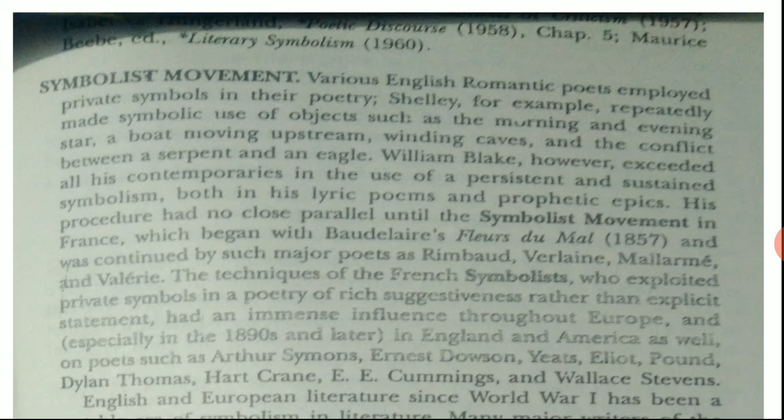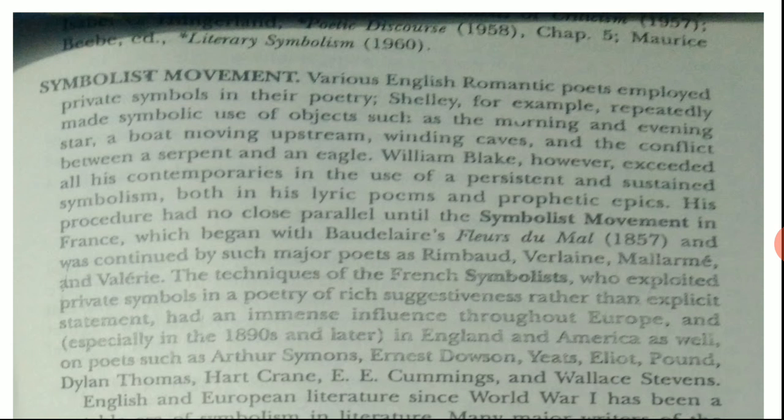Various English romantic poets employed private symbols in their poetry. Shelley, for example, repeatedly made symbolic use of objects such as morning and evening star, a boat moving upstream, winding caves, and the conflict between a serpent and an eagle. William Blake exceeded all his contemporaries in the use of persistent and sustained symbolism, both in his lyric poems and prophetic epics.